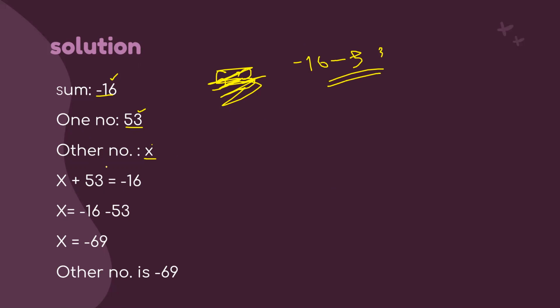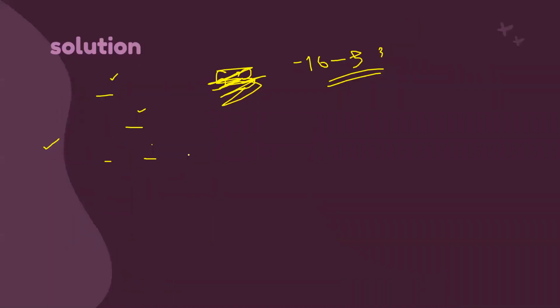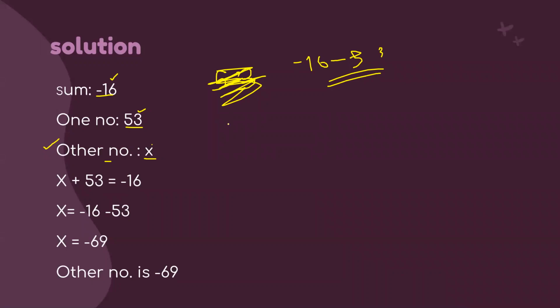And if you want to do it as a linear equation, the way I've done that, the other number you can suppose is x, and then see, the statement says that the sum of two integers means, when you add two integers, then only you are getting minus 16.